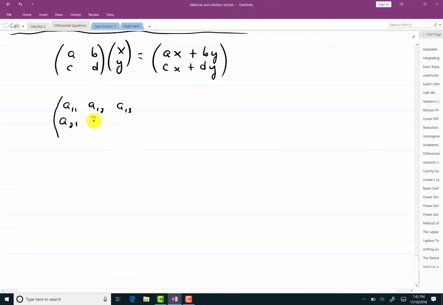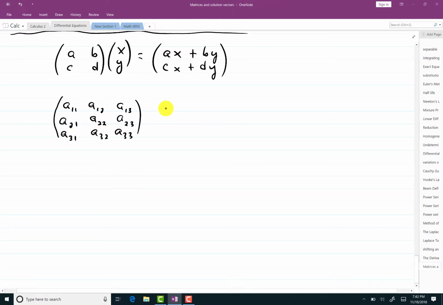So let me use this common notation to represent a 3 by 3 matrix. And the way it works is the first number gives you the row and the second number gives you the column. So if you look at A12, the first row, second column, down here, third row, first column.